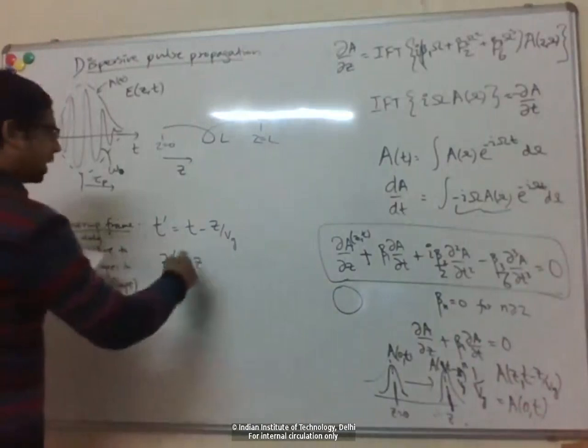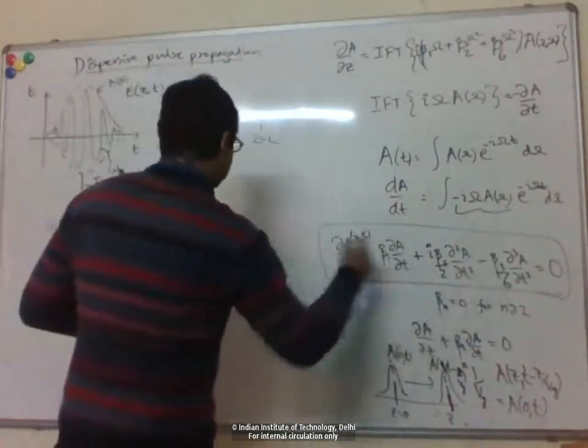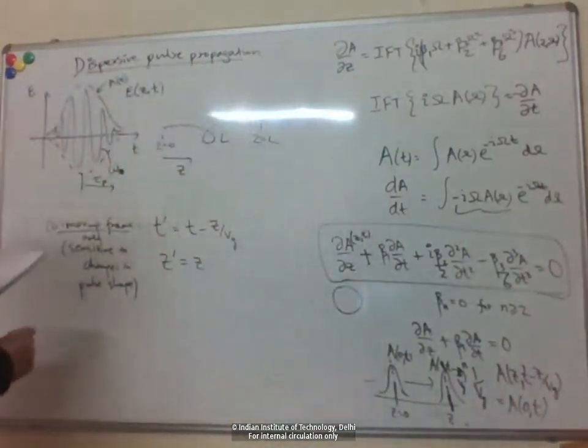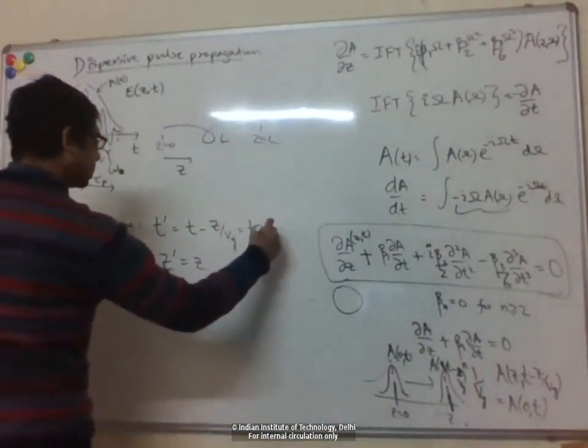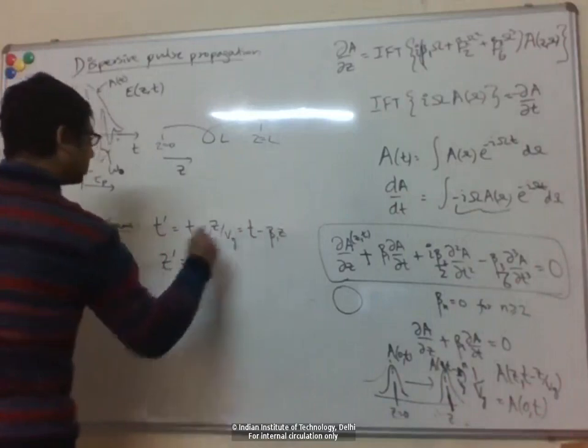So we do this change of coordinates and write this equation in terms of the new coordinates. So this is also just t minus beta 1 z.